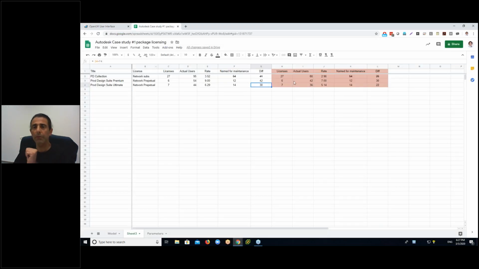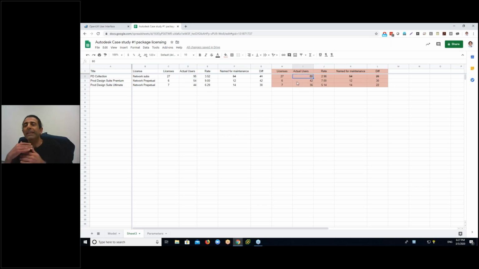So if you look at the cells that are highlighted now in red, we can see that we have 27, okay, so we are looking at these two mainly, but this is also interesting. We did that also for the PD. So here we removed 15, so instead of 95, we will buy 80.